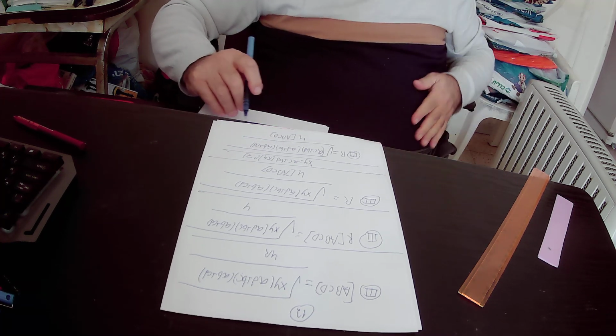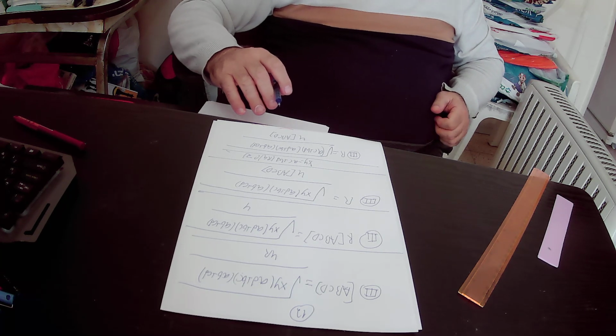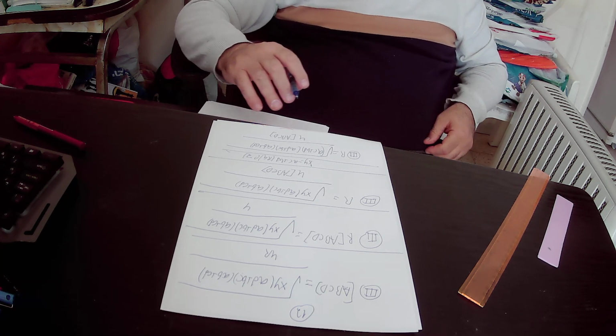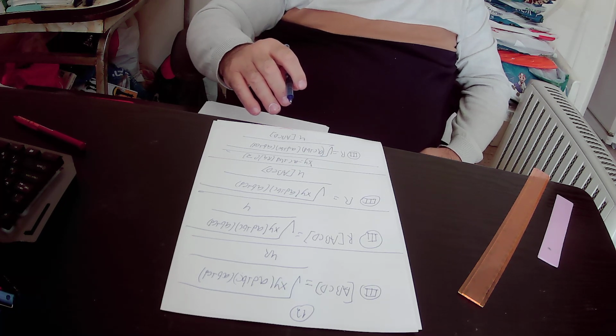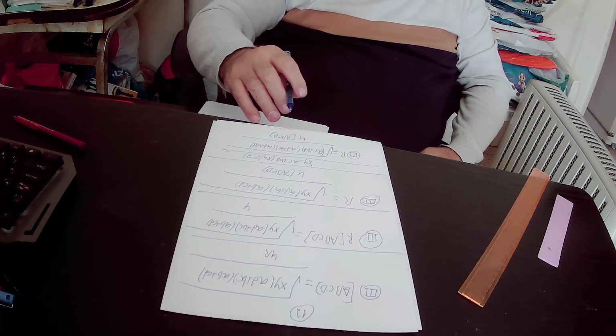So here we have the values of all the variables, and the only thing left to do is to find the area of quadrilateral ABCD.